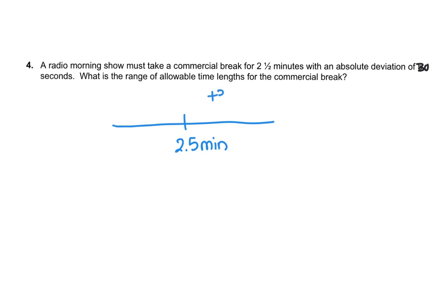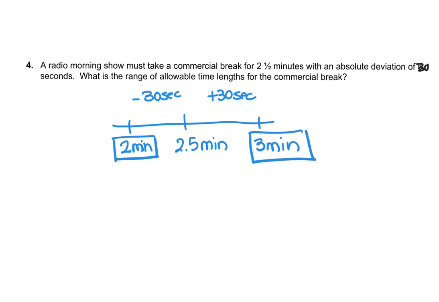If I add 30 seconds, I would have a 3-minute commercial. And if I subtract 30 seconds, which is again half a minute, I would have a 2-minute commercial. So our acceptable lengths would be anywhere from 2 to 3 minutes for that commercial.